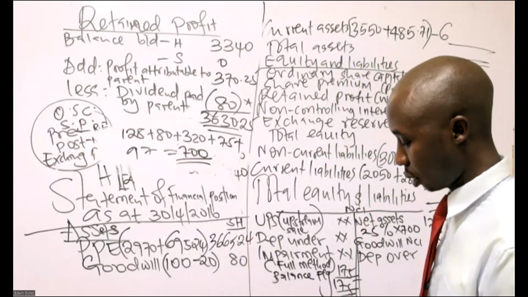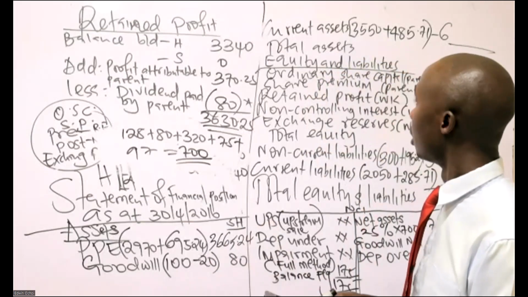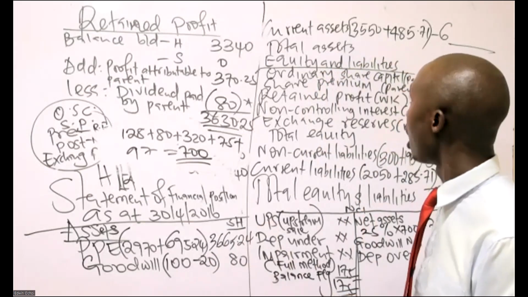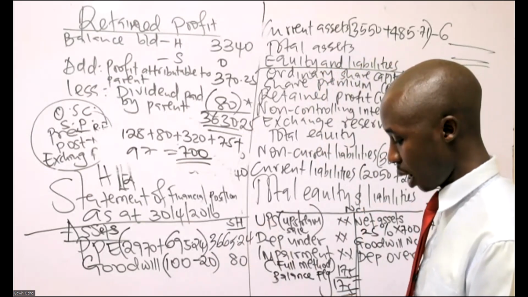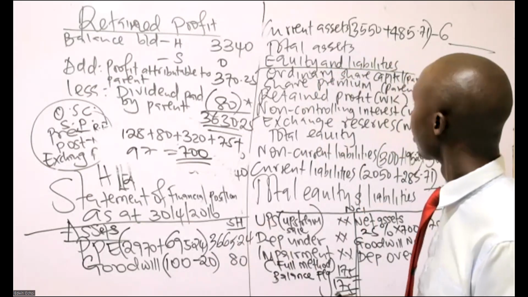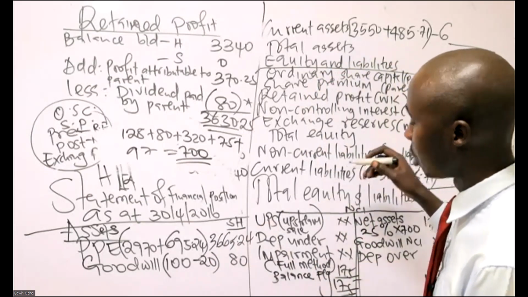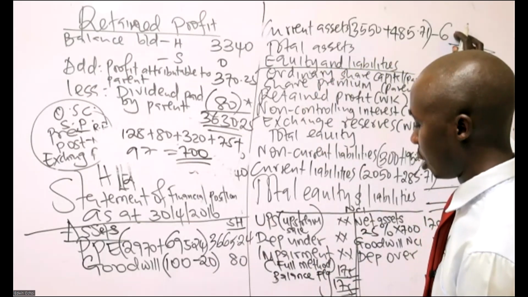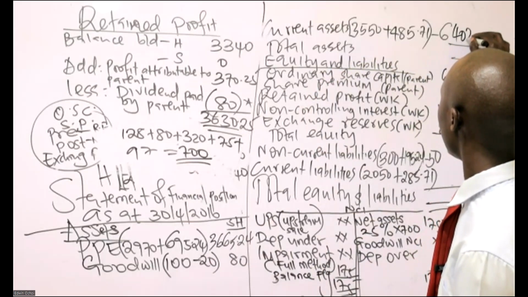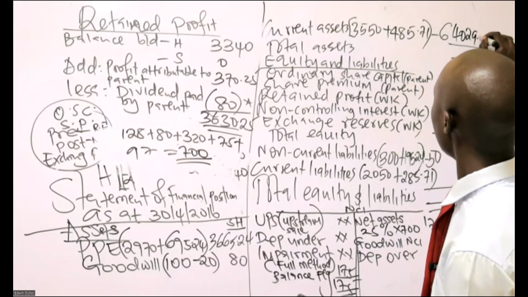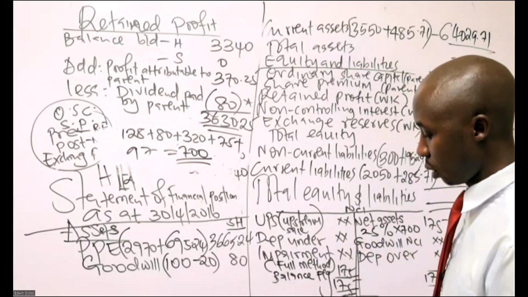Current assets 3550 plus 485.71 minus 6 UPS. This is 4029.71. So total assets.